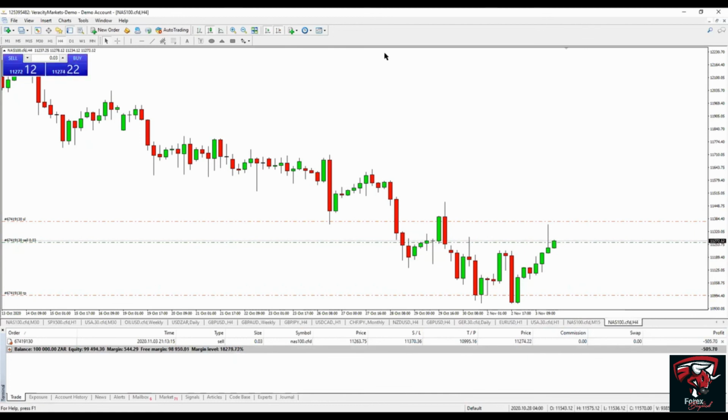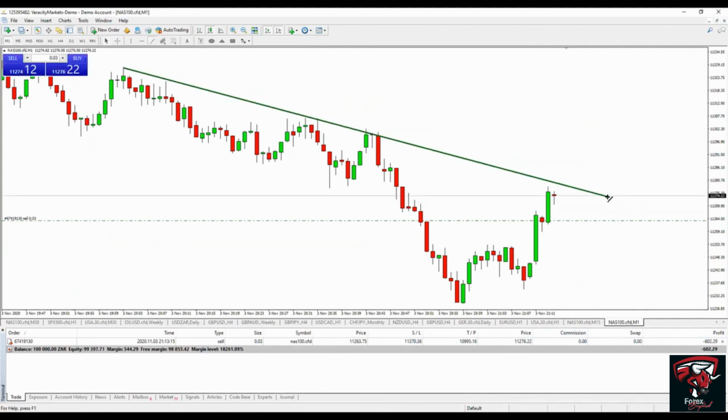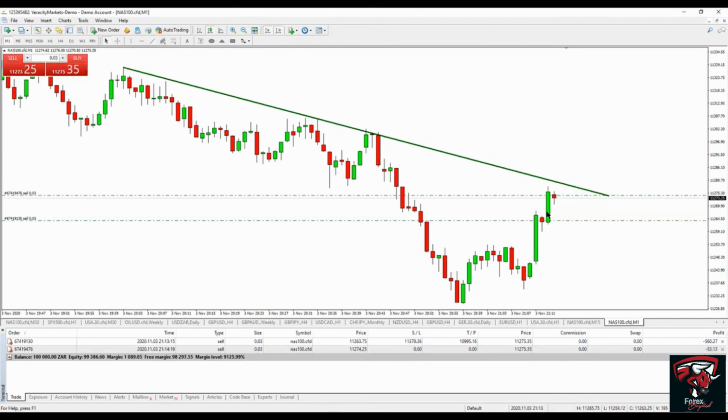For instance, if you saw a perfect entry somewhere, let's say a sell here, and maybe you drew a trend line and said, here's what it's going to do, and it spikes there, then I'm going to sell when it gets there.